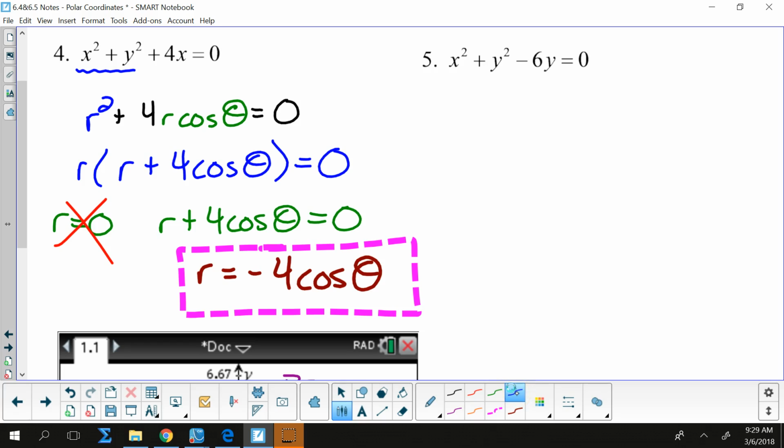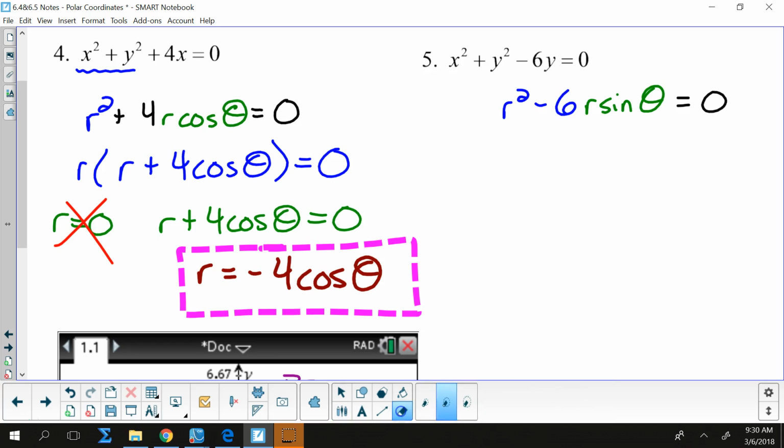So x squared plus y squared is going to become r squared minus 6 r sine of theta is equal to 0. Oh, oops, that should have been in green, and then this should have been in black. There we go.